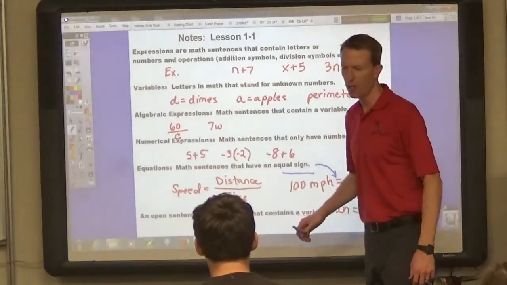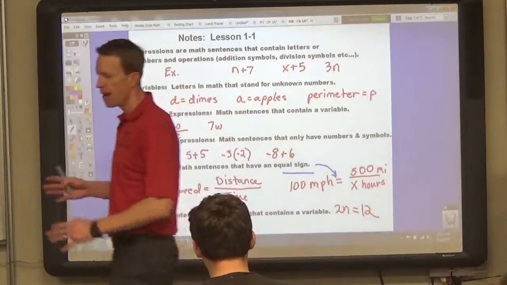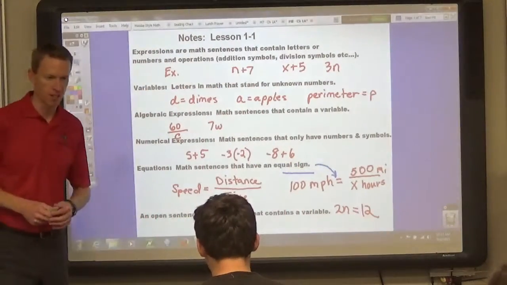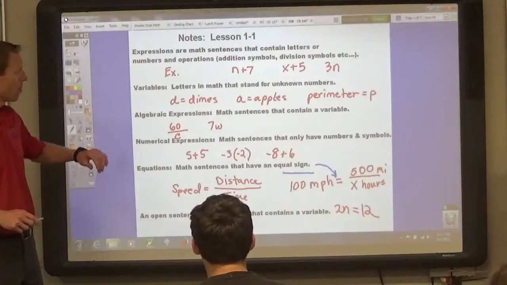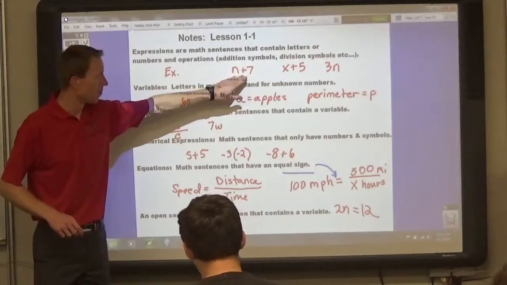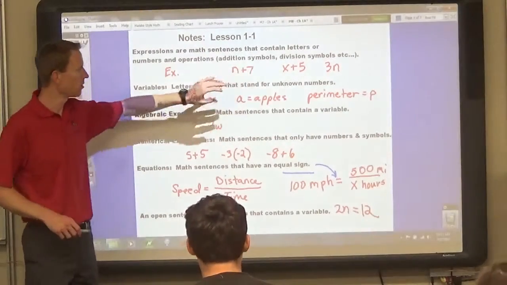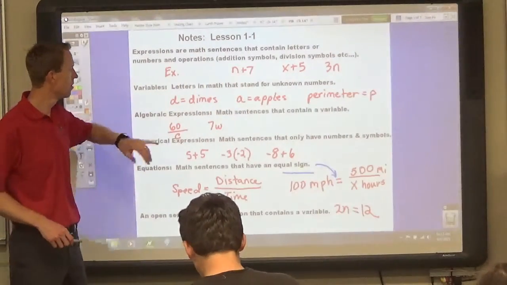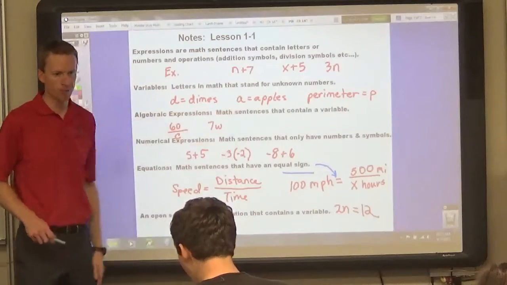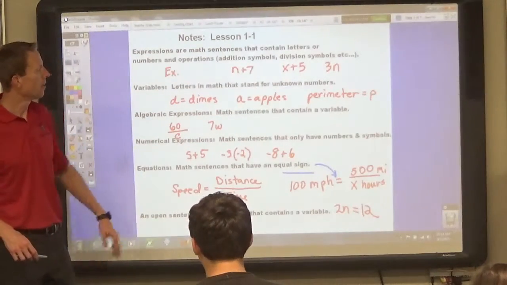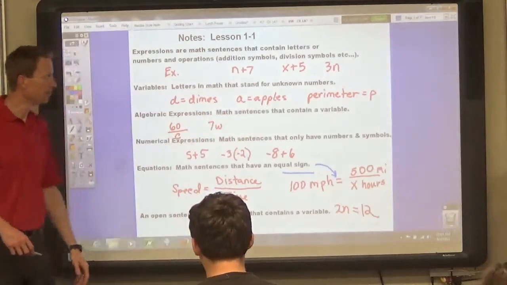Okay, so in algebra, you have these math phrases or math sentences. Some of them are phrases that just express a number with a letter in it, and that's called a variable expression because it contains a variable and an operation symbol.